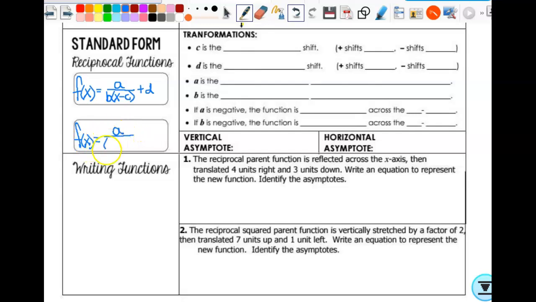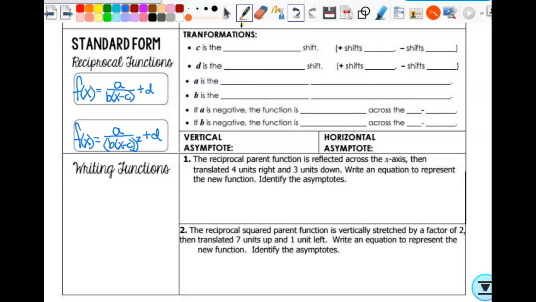The reciprocal squared function with the transformations looks like this. A is in the numerator again, but then we have B times x minus C, and all of that has to be squared in the denominator, plus D. So again, not changing what these things do. I could change the letters even, but it's where the letters are that make the difference.